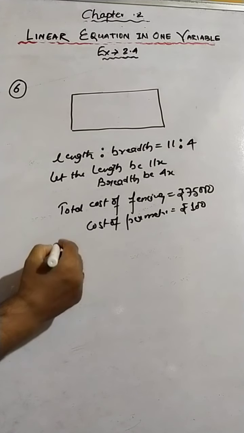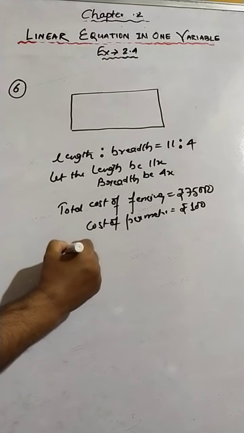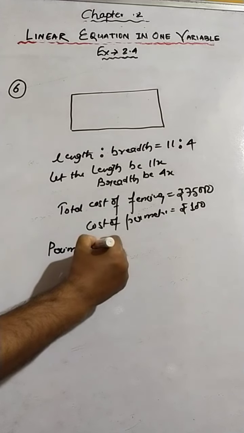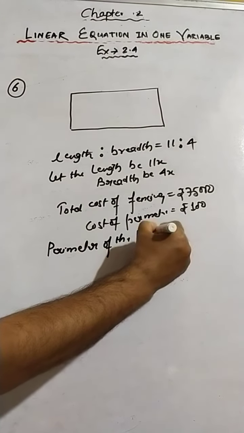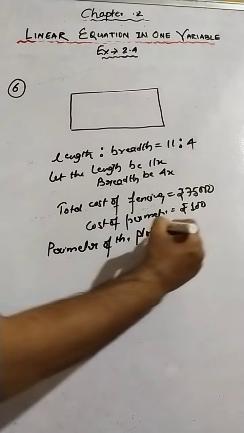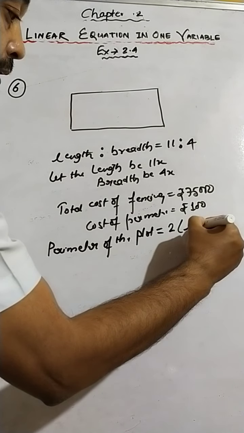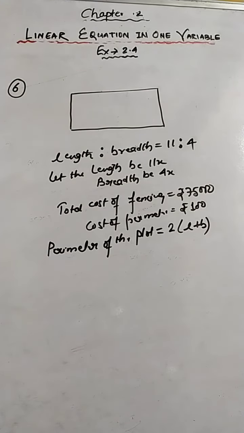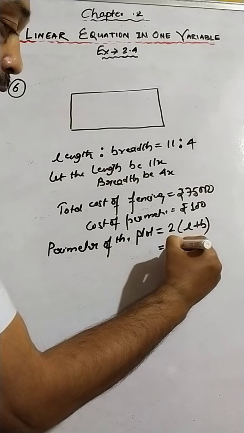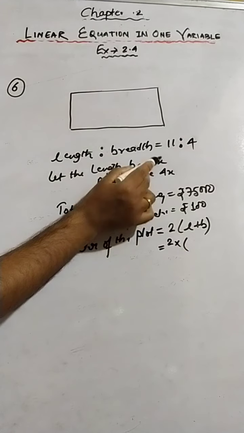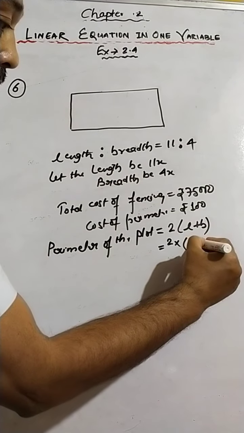Now so perimeter, we'll get the perimeter. So perimeter of the plot would be equals to what? 2 into length plus breadth, isn't it? This is the formula of perimeter of a rectangular plot. Now we'll put the values. 2 into, in place of length we'll put what? 11x.